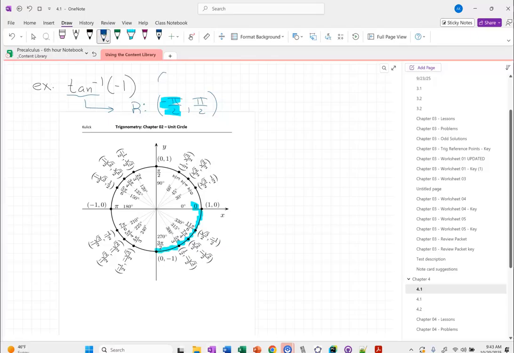What did I cover? Quadrant 4. And then for positive pi over 2, again, we start at 0. This time it's positive, so we're going counterclockwise. So that's quadrant 1. Ready? So far, so good.